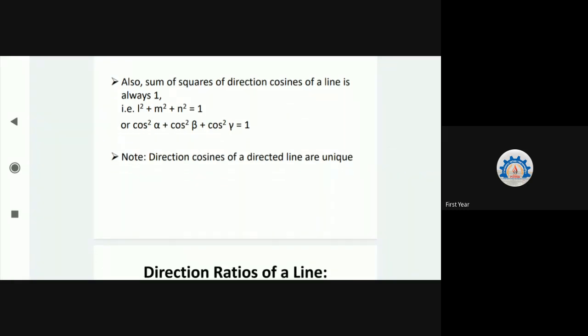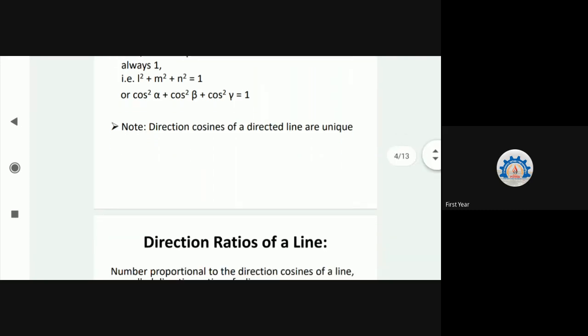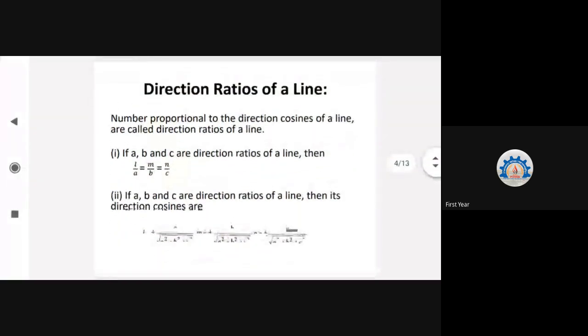Note, here is an important note: direction cosines of a directed line are unique. Then we will look at direction ratios. Direction ratios are numbers proportional to the direction cosines of a line.